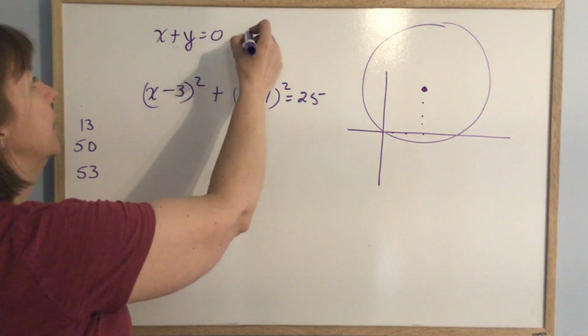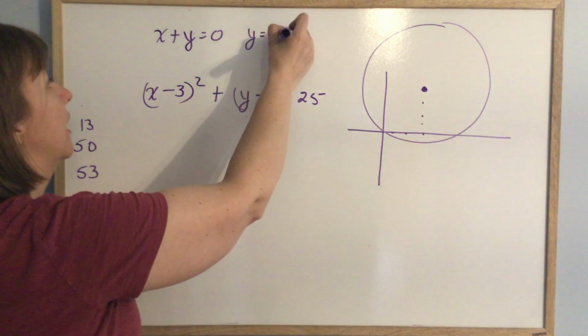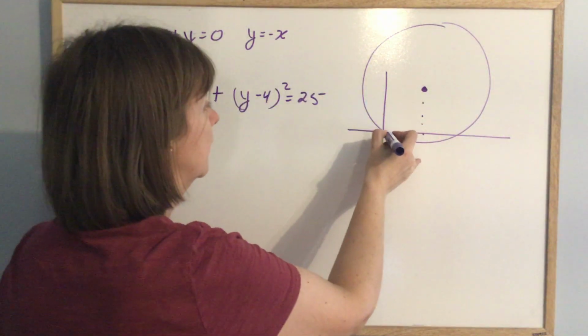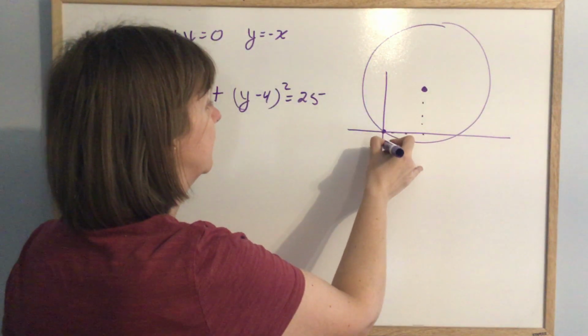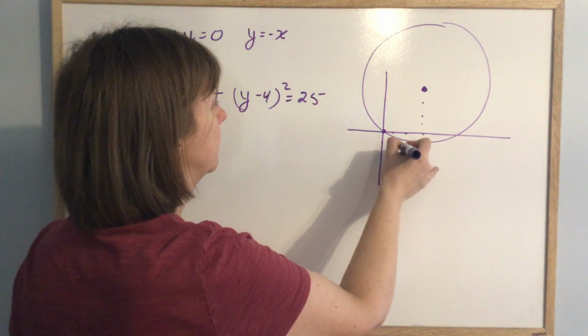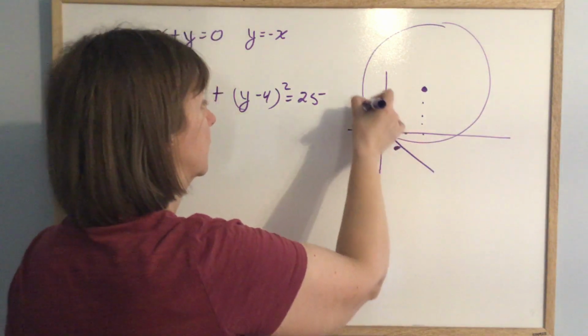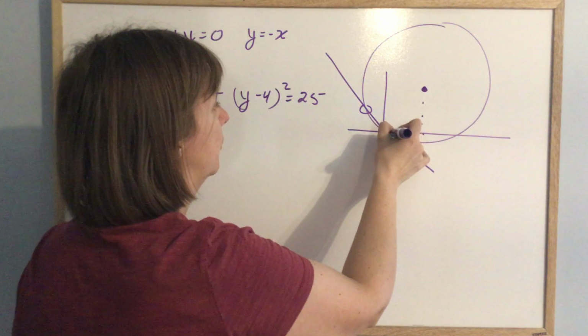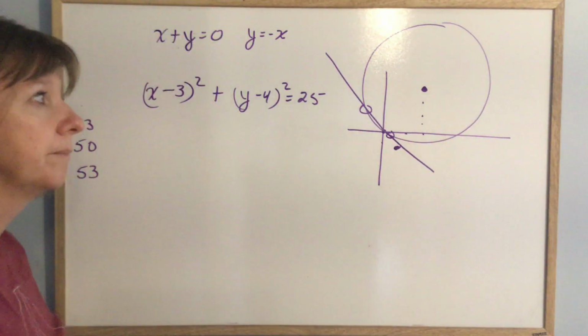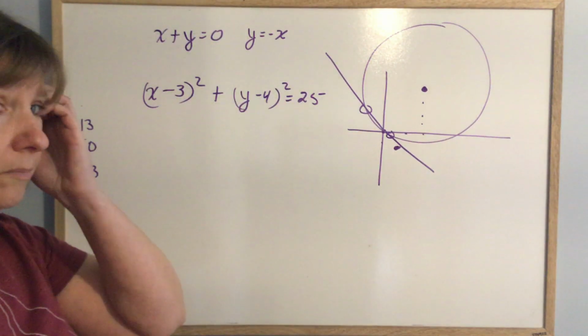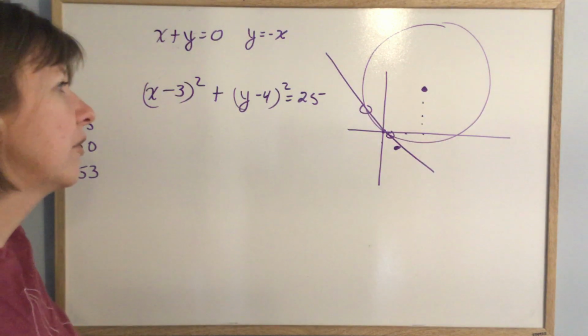And my equation is y is equal to negative x, meaning my slope is down 1 over 1. So it's going to be something like this. I've got a couple of points where it seems to be crossing, but they're pretty close together.